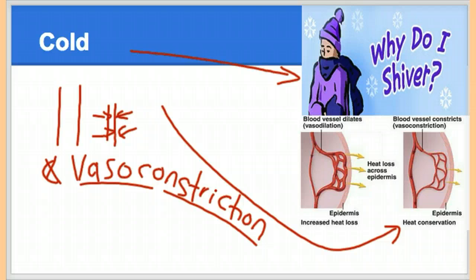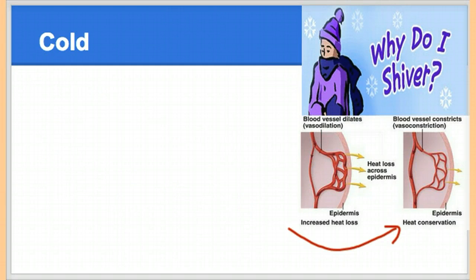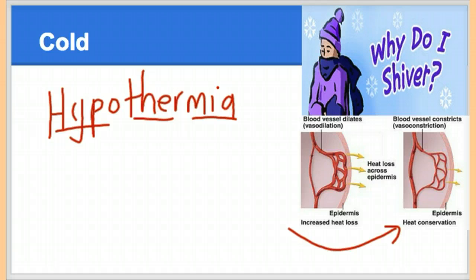So what disease is there when your body cannot overcome the cold temperature? There is H-Y, hypothermia. Hypothermia is a condition, a disease, when your body cannot maintain a warm enough environment because of the temperature outside, it's too cold.